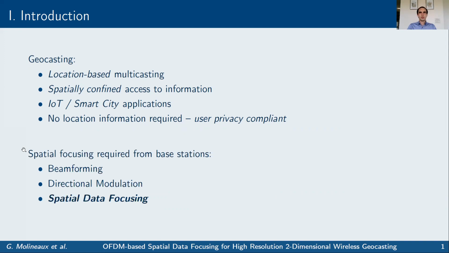Now, in order to perform geocasting wirelessly, spatial focusing capabilities are required at the base station, which can be done very typically by beamforming, which is a spatial power focusing technique, or in the domain of physical layer security, directional modulation can be used, or as I would like to introduce in this presentation, spatial data focusing.